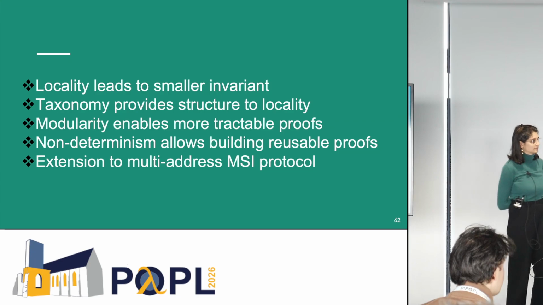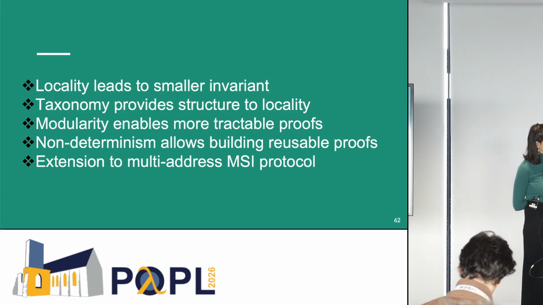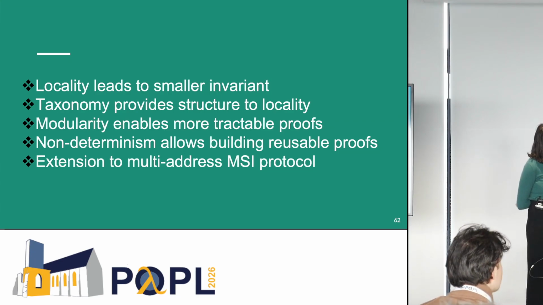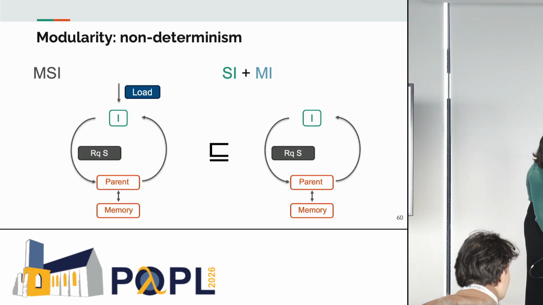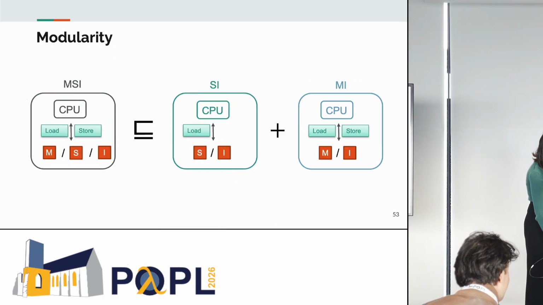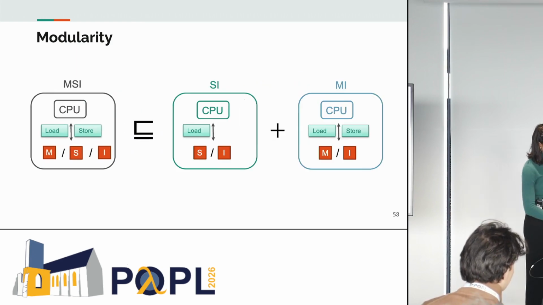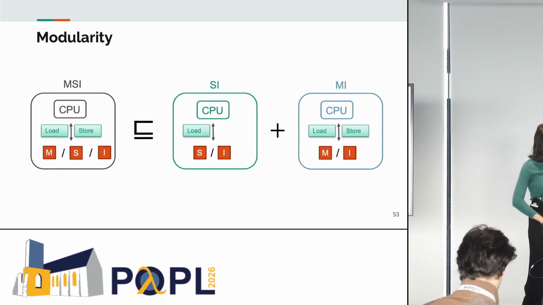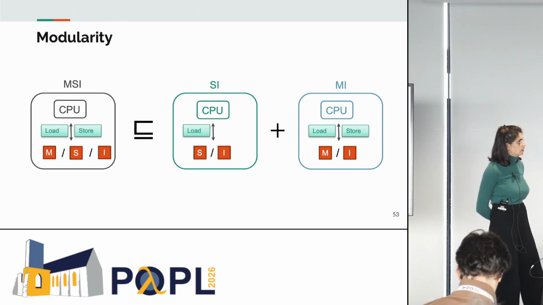In your refinement, you were refining between MSI and MI plus SI. Do you have an intuition, if you added more states to this, such as MESI or MOESI and so on, do you expect that you would similarly have an OI and EI and then the refinement will work?